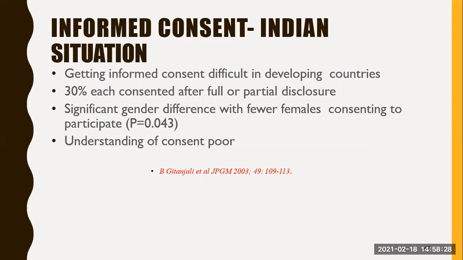So P is equal to 0.043. So understanding of consent is poor. Okay, so this one paper I have cited, that is by B. Gitanjali et al. This paper informs us about the Indian situation related to the informed consent process.